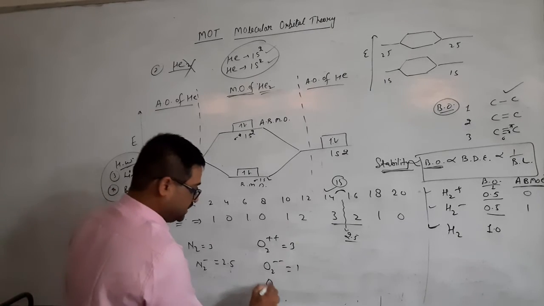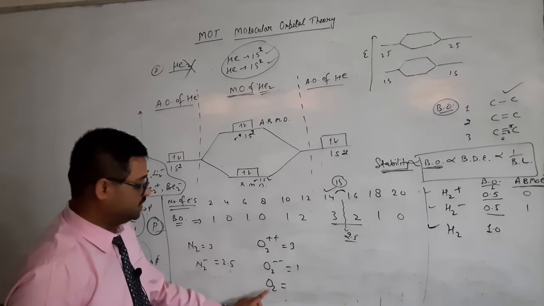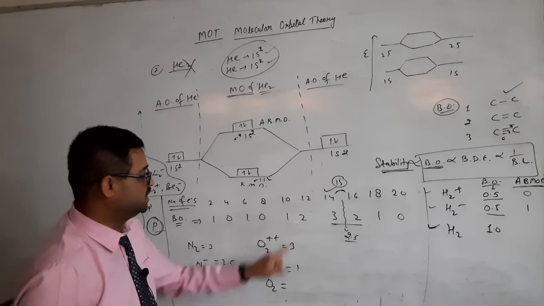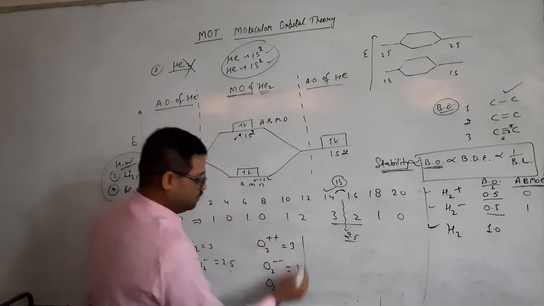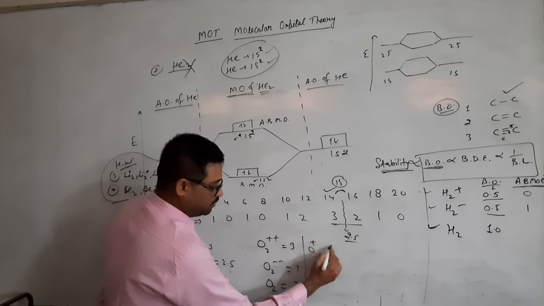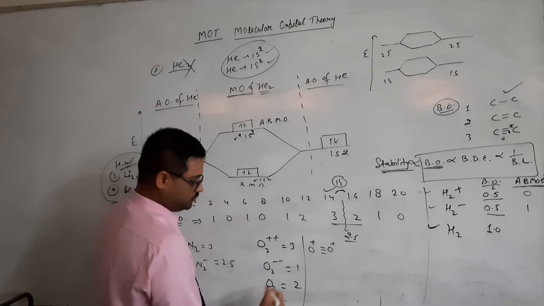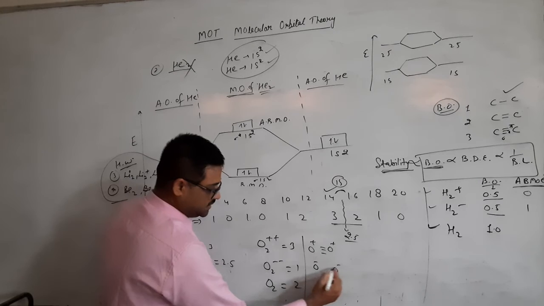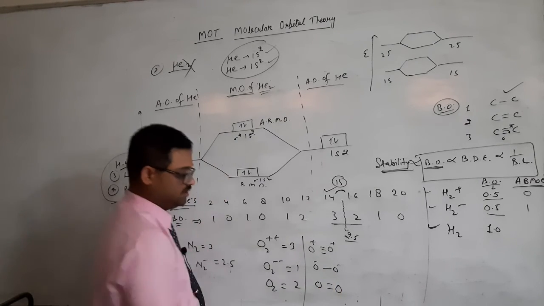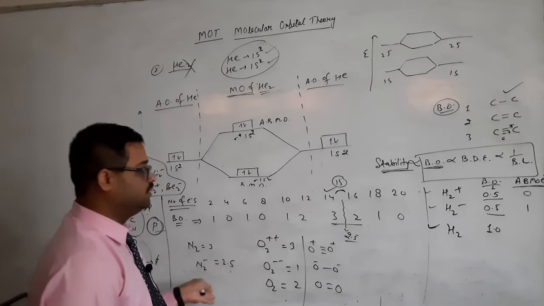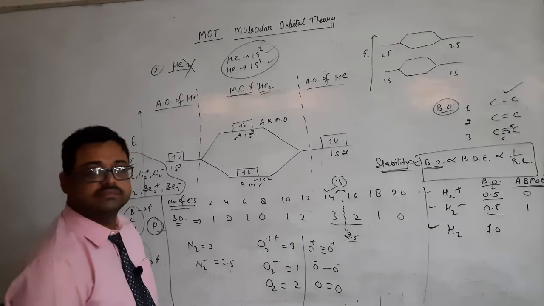If simple O2 is there, then 8 twos are 16, 16 means 2, so the bond order will be 2. O2 plus has a triple bond, O2 minus has a single bond, and O2 has a double bond. So this is bond order, and by this technique you can determine it.